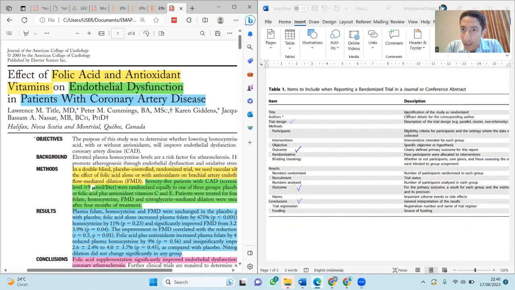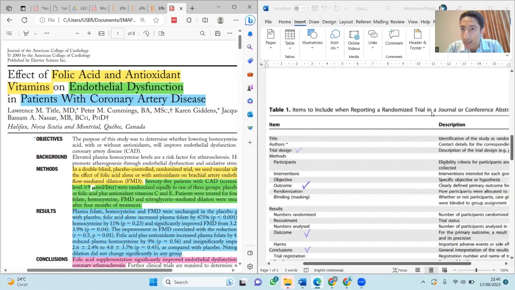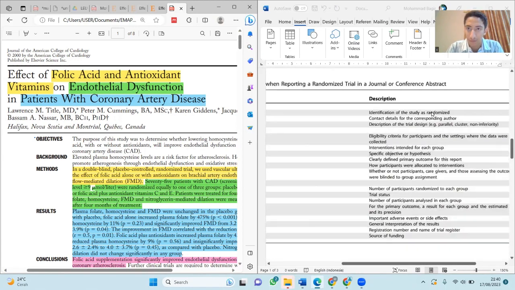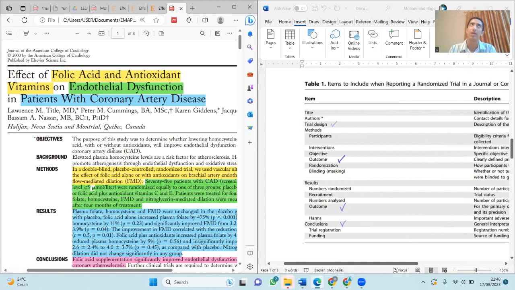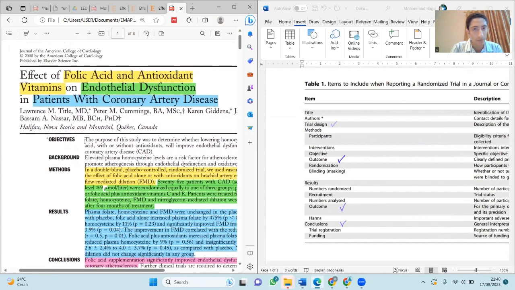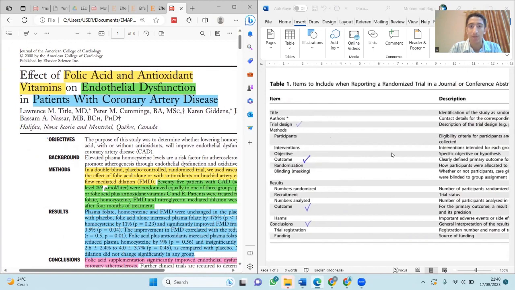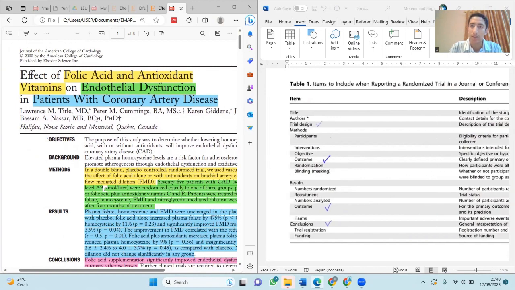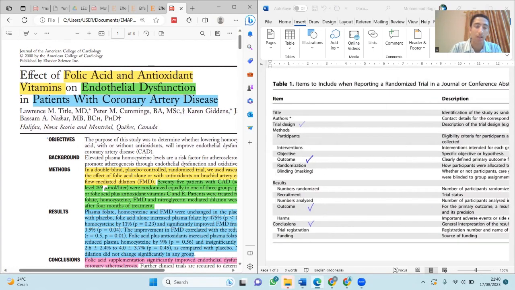Identification of the study as a randomized trial, in Indonesian, acak. So the title in my article: we cannot find the identification of it as randomized, because in the title we cannot find the word randomized trial.